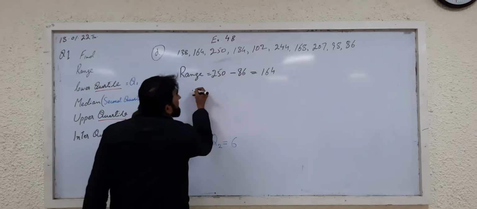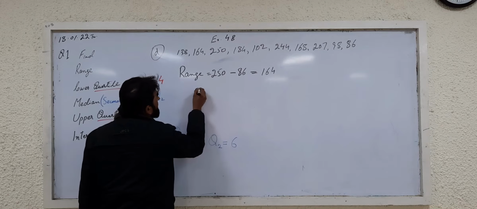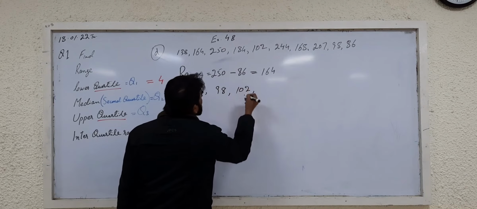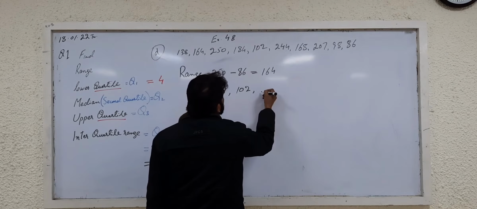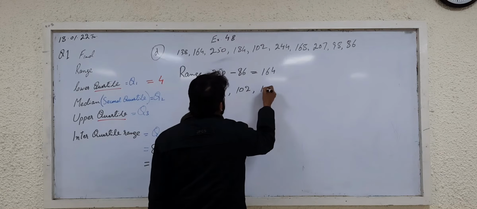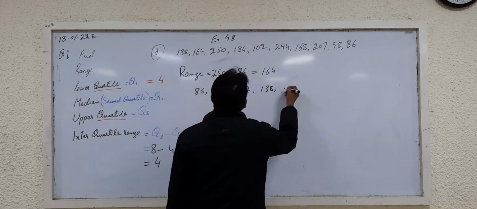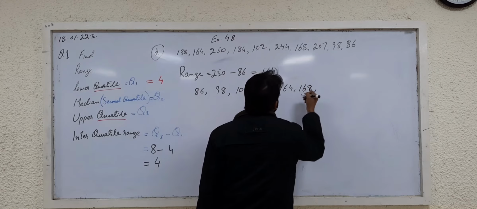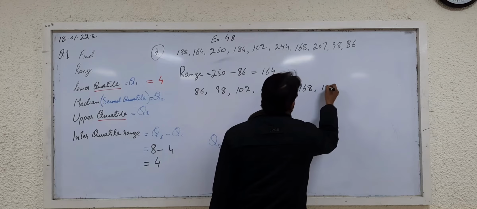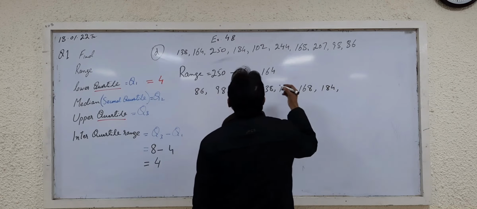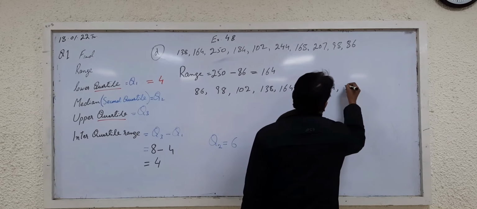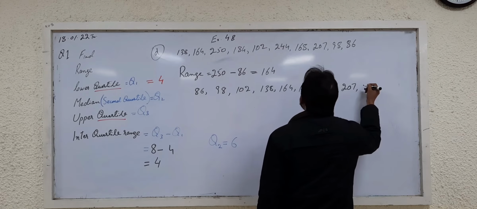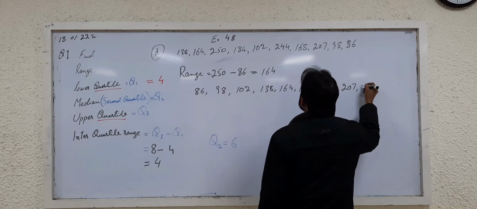So please guide me. 86 is the smallest value, then 98, 102, 138, then 164, 168, 184, 207, 244, and then 250.